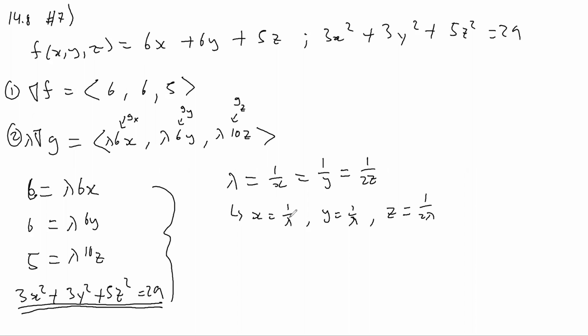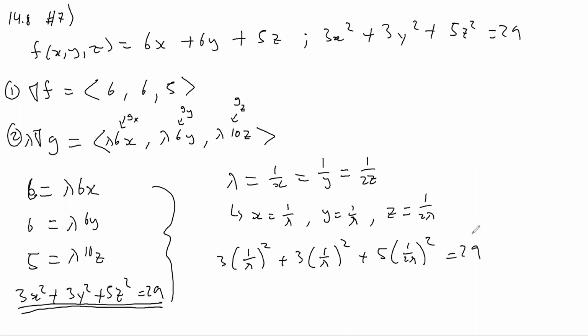And what I can do is plug this back into this equation. So I get 3 times 1 over lambda squared, plus 1 over lambda squared, plus 1 over 2 lambda squared, which is equal to 29.